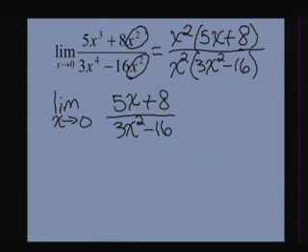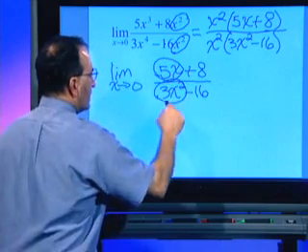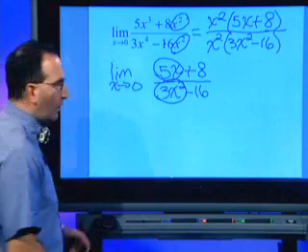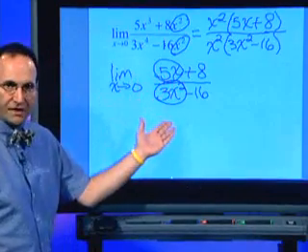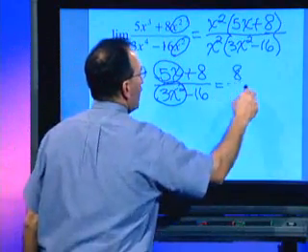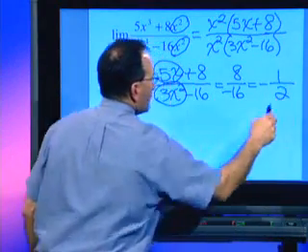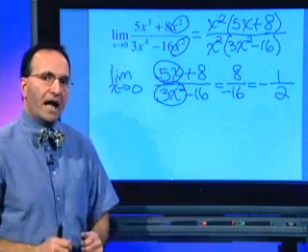And of course, as we can see, this and this will both go to 0 as x approaches 0. So what we'd be left with is 8 over negative 16, which of course reduces to negative 1/2.